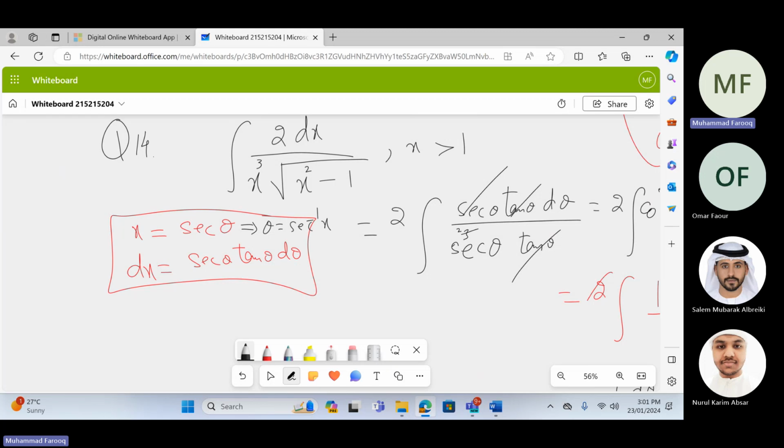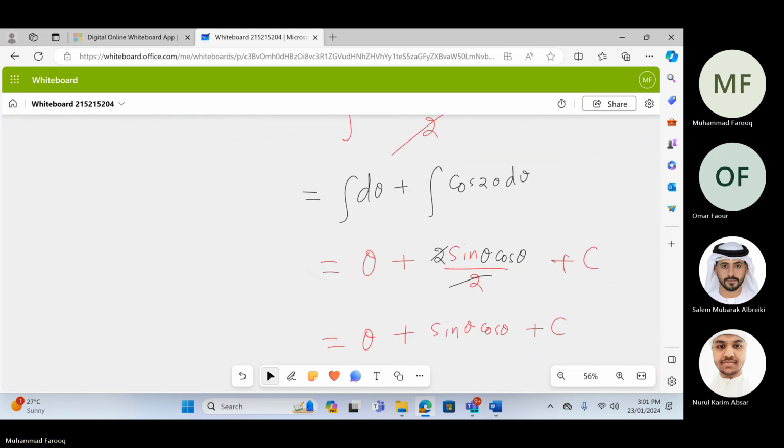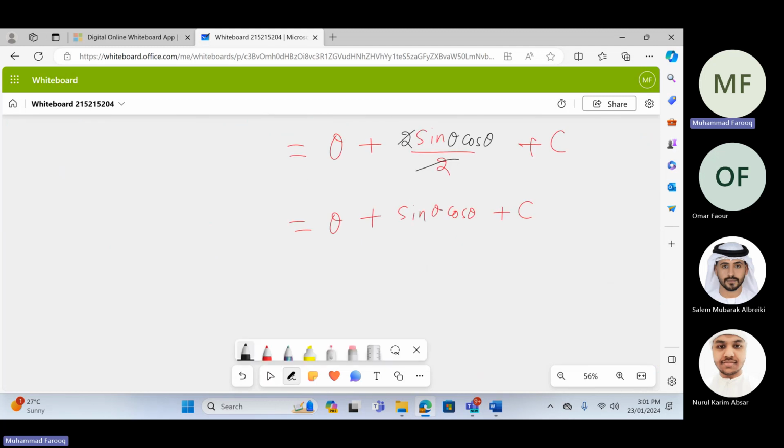Agreed? Okay. So you can put the answer of this part as secant inverse x. Then we need two functions, sine and cosine.